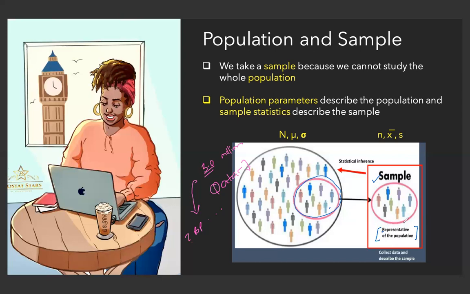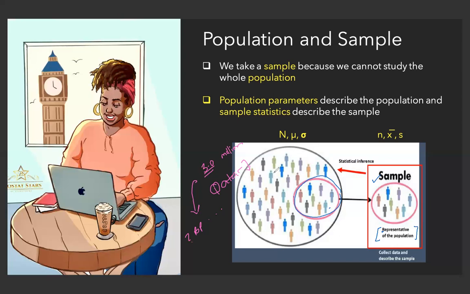What does representative sample mean? The easiest way to describe this is: try to take a sample that looks like your population. I'm going to give you a scientific example, but let's just use a kitty example first. When you look at this big population, you can see there are all of these people, and this population has different types of people.